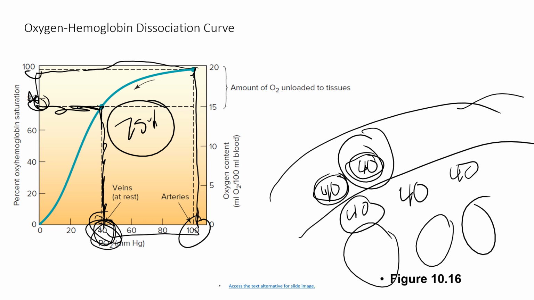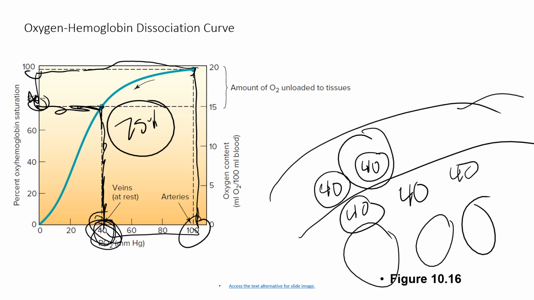Let me make my point one more time if I'm not being clear enough here. The purpose of driving the partial pressure of oxygen within the blood plasma and within the intracellular fluid of the red blood cell down to 40 millimeters of mercury is to influence hemoglobin within the red blood cells.